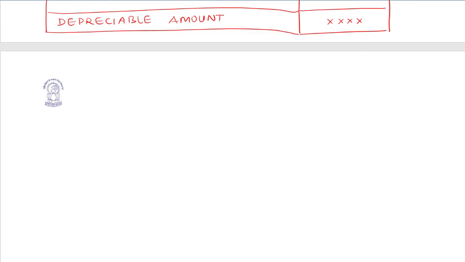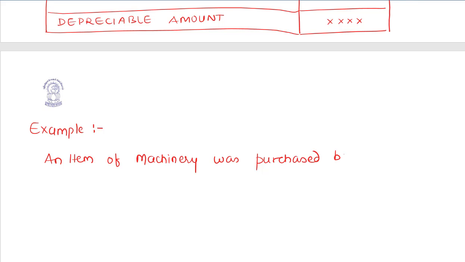Understood? Write an example in relation to this. An item of machinery was purchased by Anu Limited for rupees 18 lakhs.